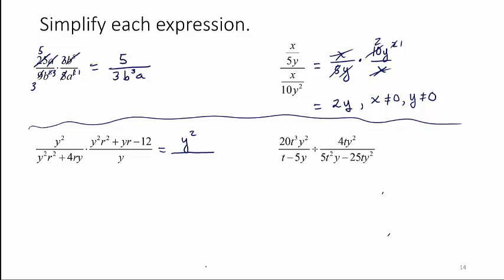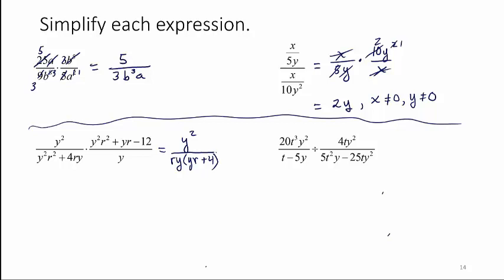Okay, so r and y are both common to both of those terms. It's the greatest common factor, so I could have ry times yr plus 4, right? If I factor out a yr from both of those terms.